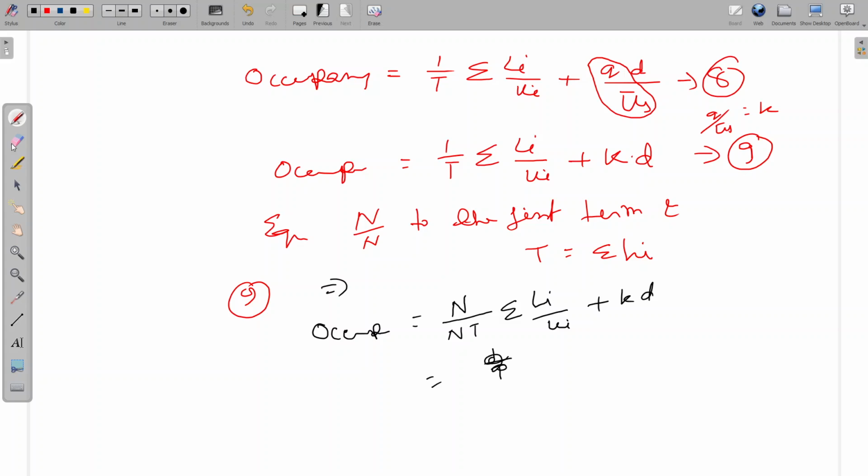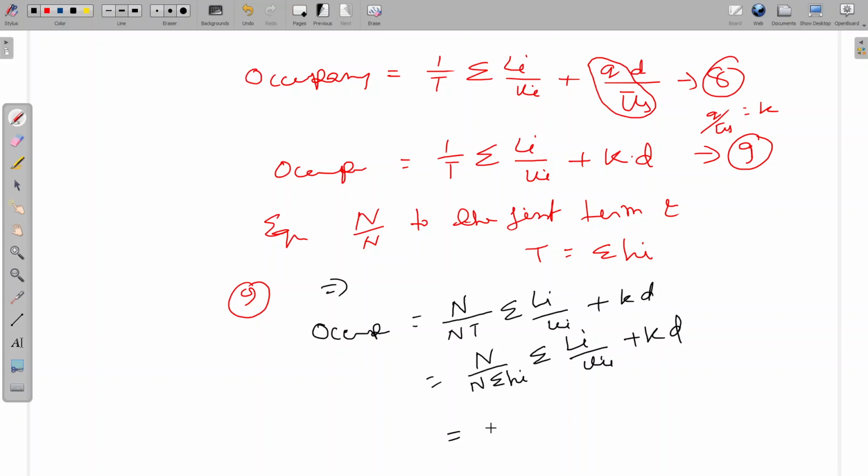Here what we can do, in place of this t we write summation of h, then summation of li by ui plus k.